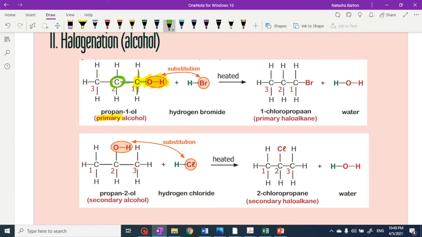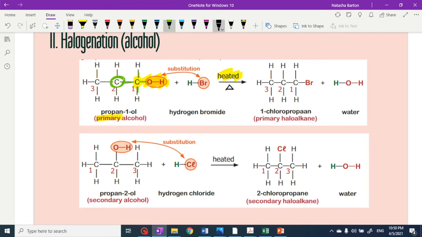So this is primary because our carbon is only bonded to one carbon. When we have a reaction involving a primary alcohol, then we need heat to be present, so we could have instead just drawn this triangle.